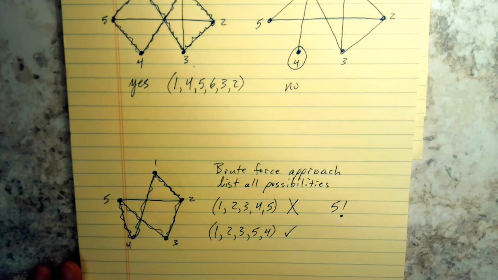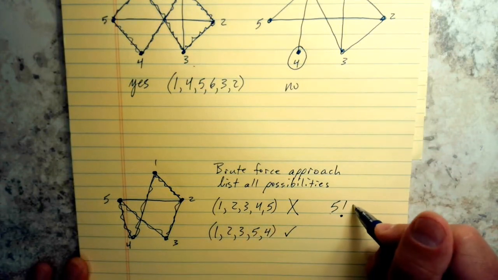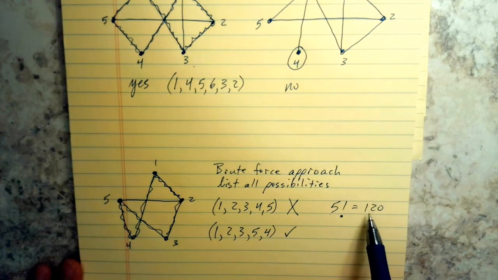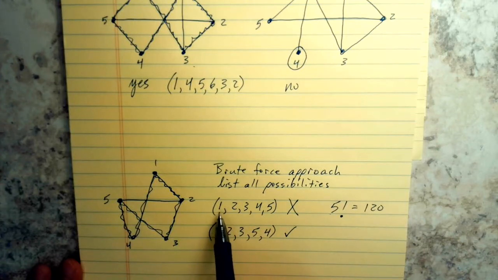We can use our known counting techniques to figure out that if you're listing 1, 2, 3, 4, 5, and the order matters and you can't repeat, there are 5 factorial ways to order those numbers, 1 through 5. So that's 120 in this case. Which means that theoretically, in the worst case scenario, I would have to go through all 120 of these different permutations and check if they're a Hamilton cycle or not. I just got lucky and found one on the second one.